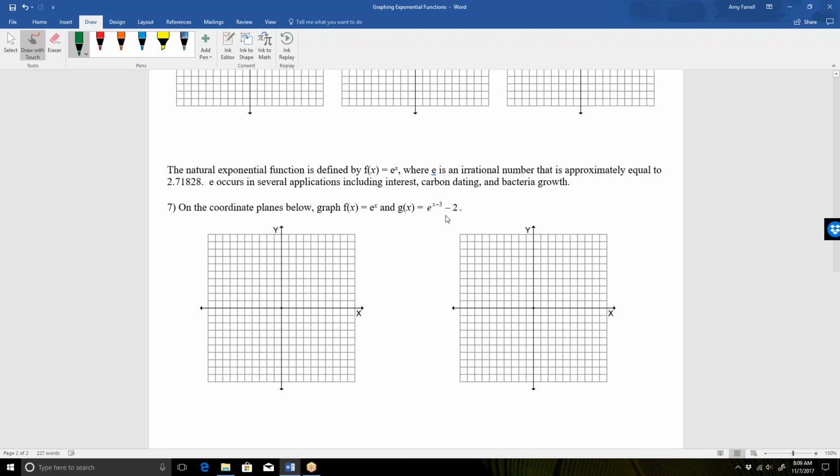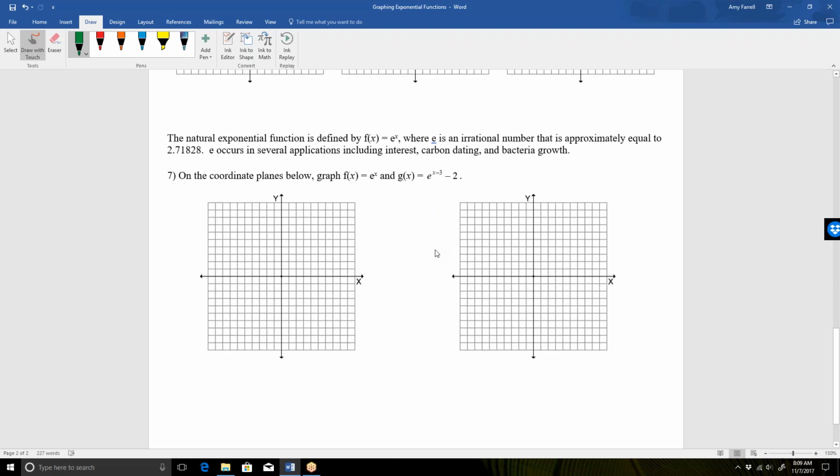So now we're going to graph e to the x, and then we're also going to shift that. We're going to graph e to the x minus 3 minus 2. Now e to the x actually looks a lot like f of x equals 2 to the x and f of x equals 3 to the x, because e is just a number between 2 and 3.